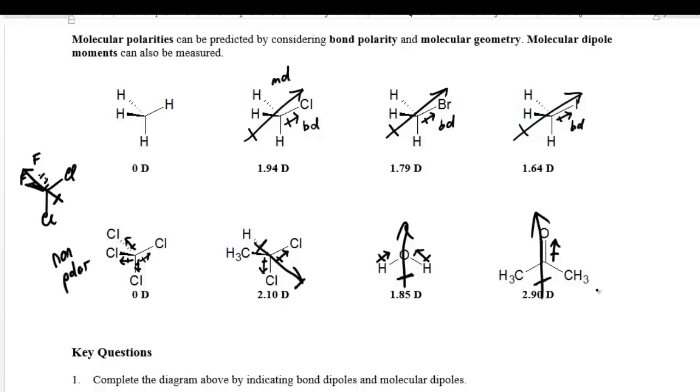So, one is able to determine the polarity of a molecule based on looking at whether or not you have bond dipoles, looking at the molecular geometry, considering if you have a molecular dipole. So that's a reliable way. One can also look at the dipole moment. But in comparing different solvents or different molecules, it is also helpful to consider whether or not the solvent is protic. That is, if it has a hydrogen attached to an electronegative atom.